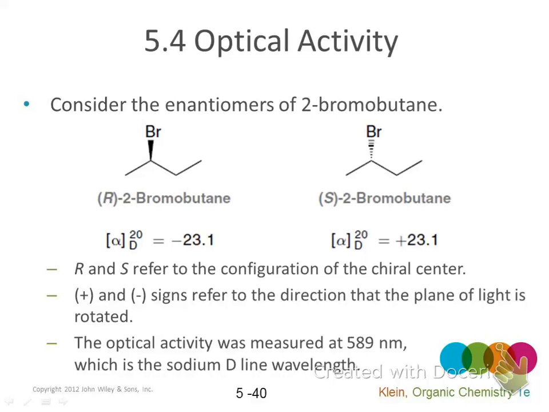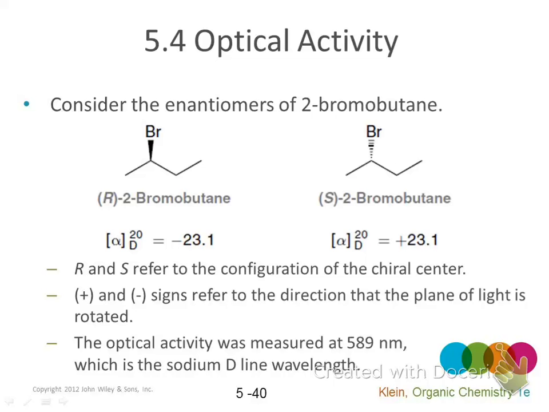Okay, so typically a couple of things to keep track of. We use the sodium D line. That's sodium, the yellow lamp that you see on the streets or in the old street lights. And we use one particular wavelength that's called the D line. If you remember, lights will give you line spectra. You remember line spectra all the way from Chem 1A?